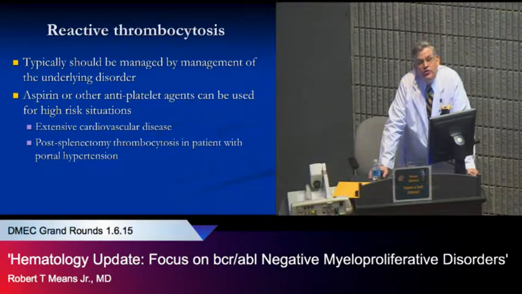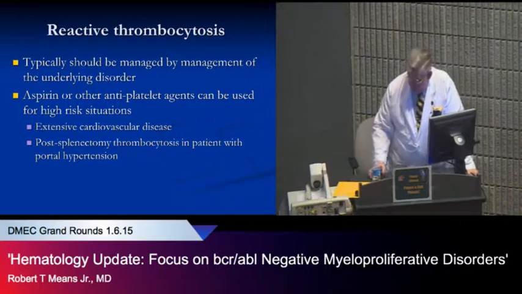In people who have underlying liver disease, particularly with portal hypertension, and have a splenectomy, when they develop thrombosis, they have an extremely high incidence of intra-abdominal thrombosis. That can be reduced, once the platelet count starts rising above 700,000 to 800,000, by putting them on aspirin transiently.